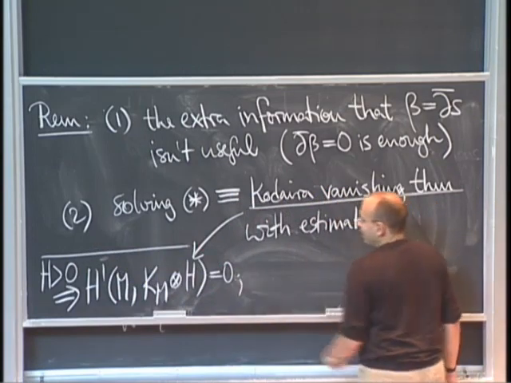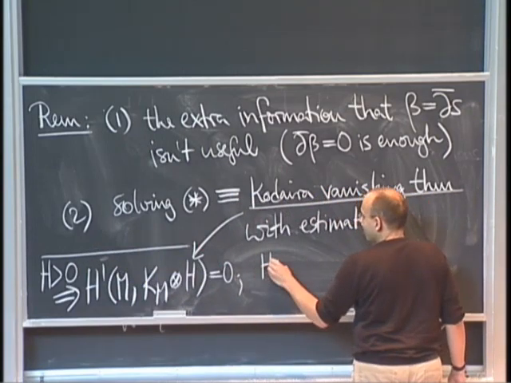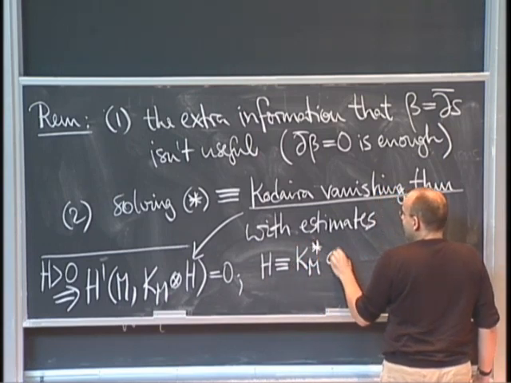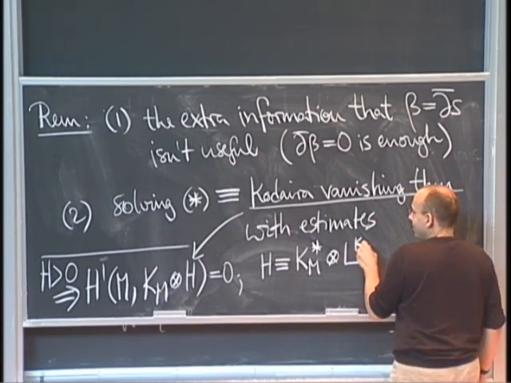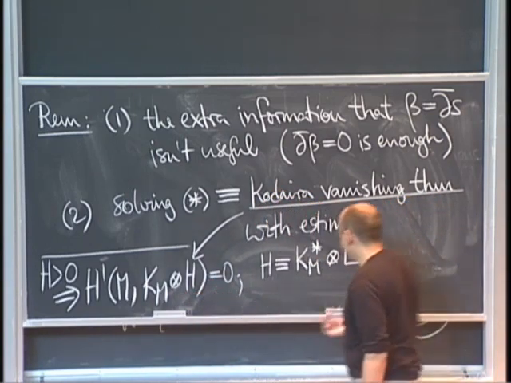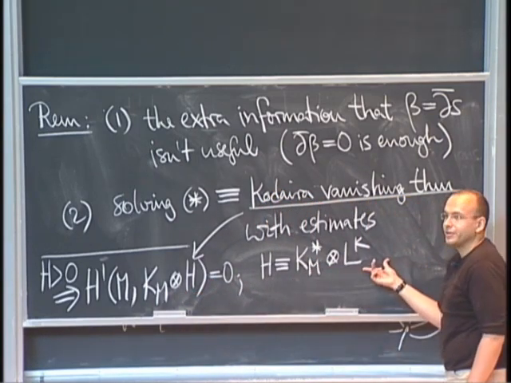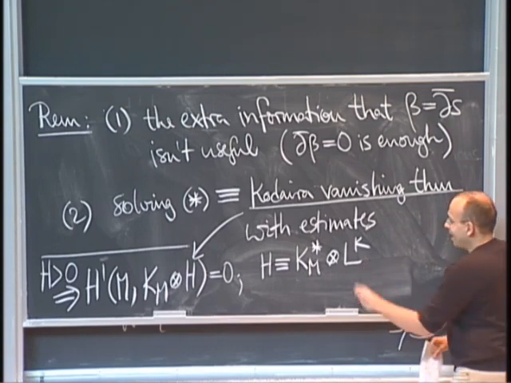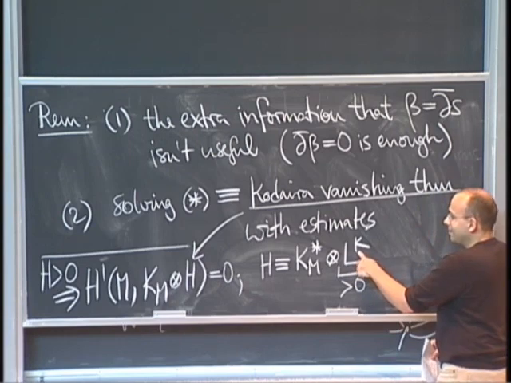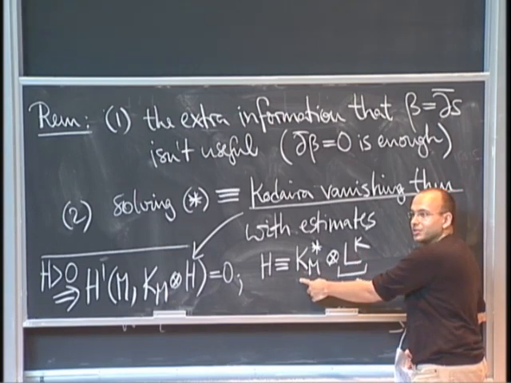And now you want to apply this with H equal to K_M dual tensor L to the k. So you want the cohomology with values in L to the k to vanish, so you have to tensor with the dual of the canonical bundle here. And the point is that L is ample. But this guy might not be ample. Usually it's not going to be ample.